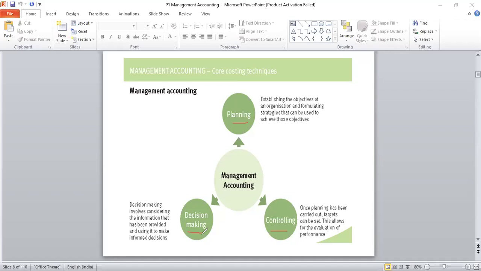At the time of implementation, a comparison is made about what their actual performance is as against the budgeted performance or the planned performance. Then, if there are any deviations, measures are taken to correct those deviations. So that is the controlling part of it. And in situations where decisions have to be taken, accounting is also useful in terms of decision making.